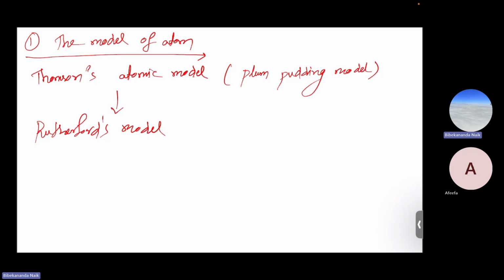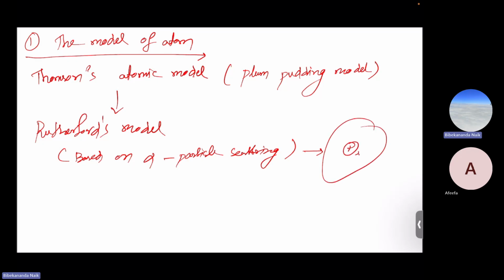Rutherford's model came, and that was based on Rutherford's alpha particle scattering experiment, a very famous experiment, where according to Rutherford, most of the space in the atom is empty, and almost all the mass and all the positive charge of the atom is concentrated at the center, which is called the nucleus.